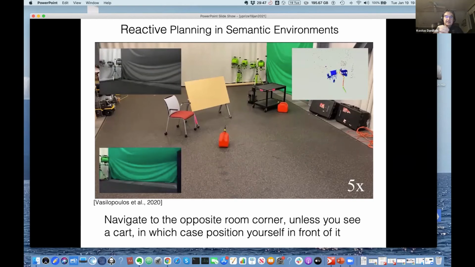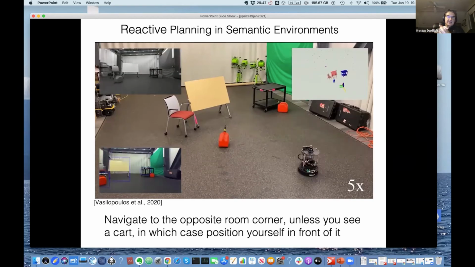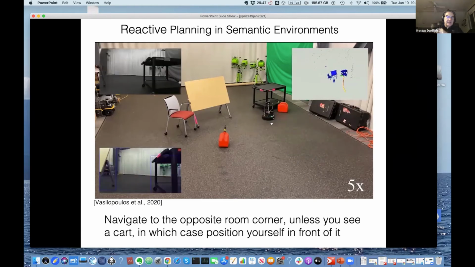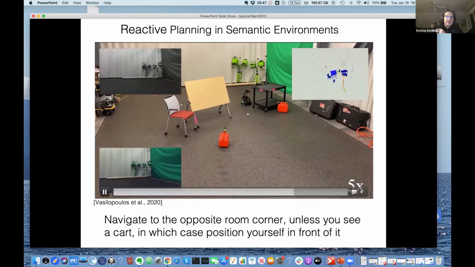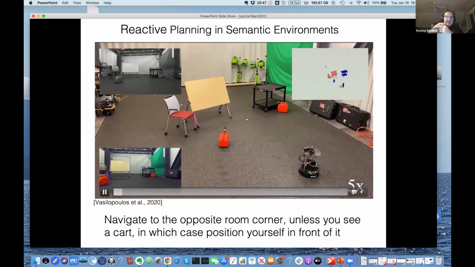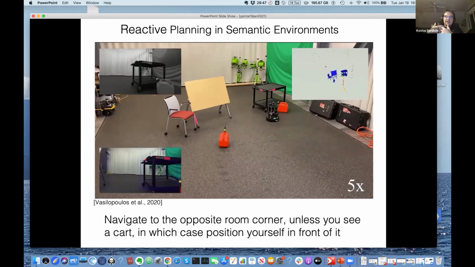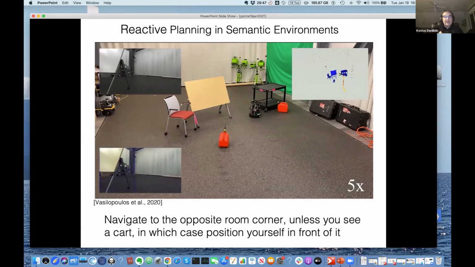And this is a collaboration with the lab of Dan Kodicek, who built the planning part of this system, because even if things change, or even if you don't see things where you're expecting to see them, it can really replan its trajectory.